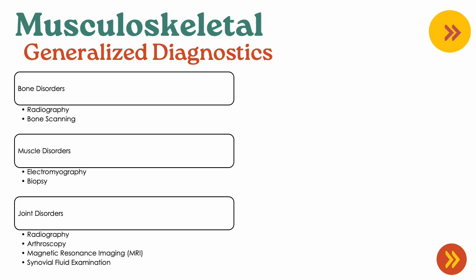The next one we have is a muscle disorder, and one of the main ones that we use for muscle disorders is called the EMG or electromyography, myo meaning muscle, and you can also biopsy the muscle. As we've discussed in previous lectures, biopsy is for live tissues, so you would be excising live muscle tissue in order to examine it and see if there's anything going on with it. Electromyography is also a little bit of an invasive procedure.